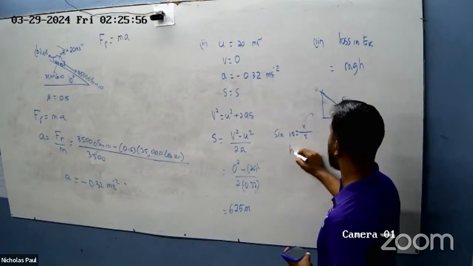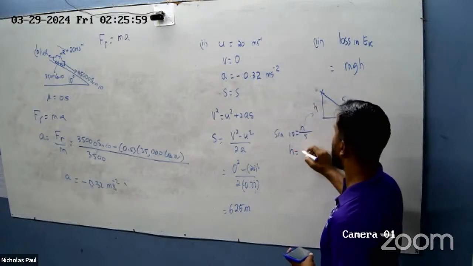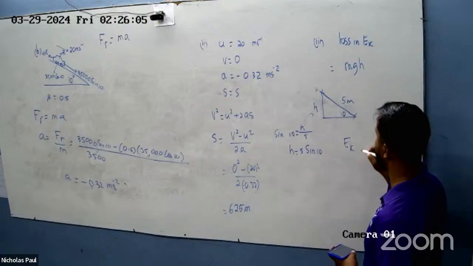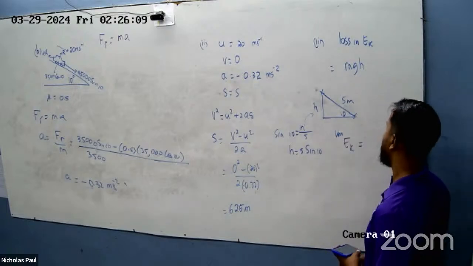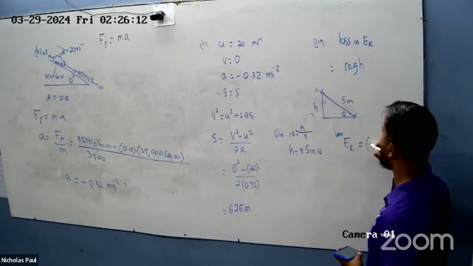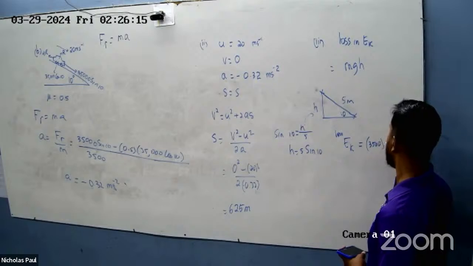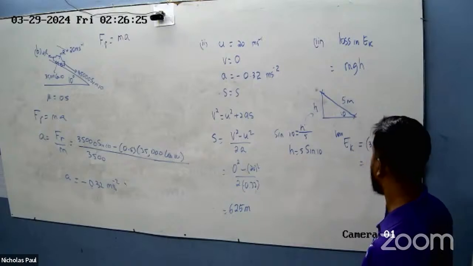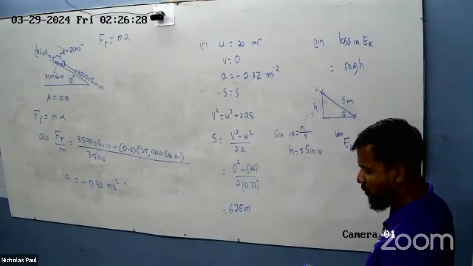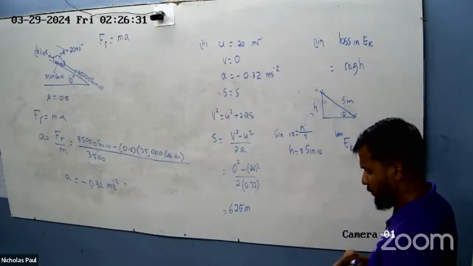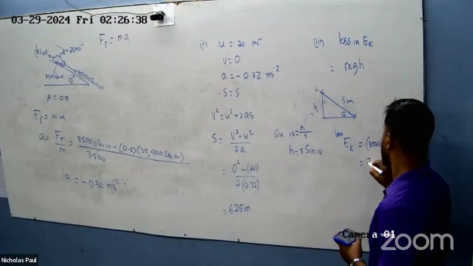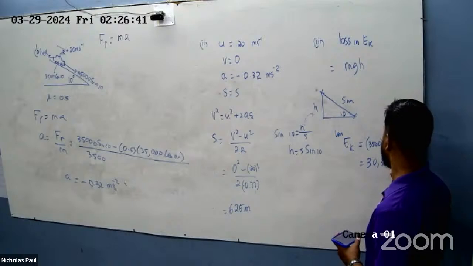So that height will be 5 sine 10. So the loss in kinetic energy will be mgh. How much is that? 30,000? 30,388.